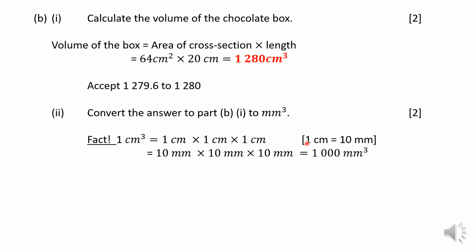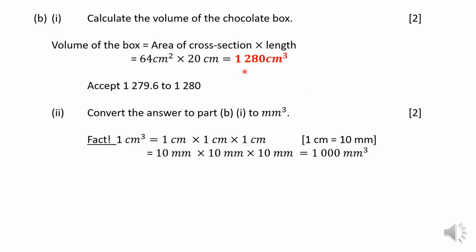Then you use your knowledge of length, because you're supposed to change this bigger unit to millimeters. What is 1 centimeter equal to in millimeters? It's 10. So you change 1 centimeter to 10 millimeters, multiply that by itself, and you end up with 1,000 cubic millimeters. So now you know that 1 cubic centimeter is equal to 1,000 cubic millimeters.